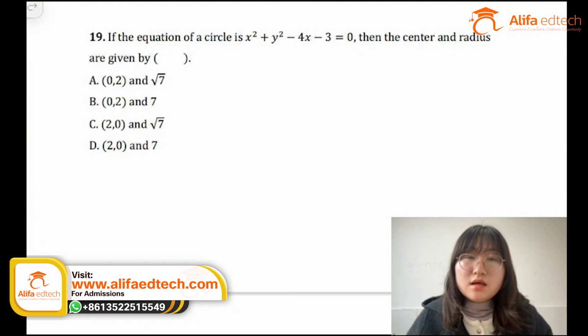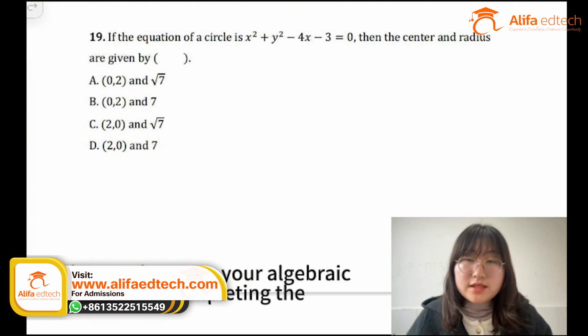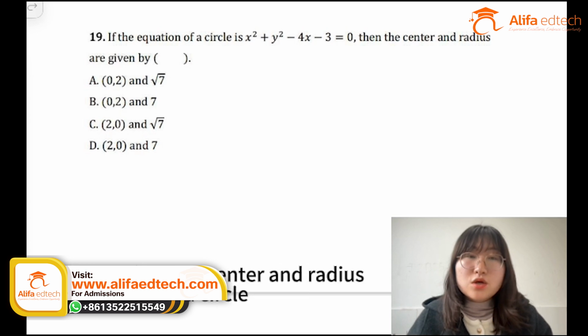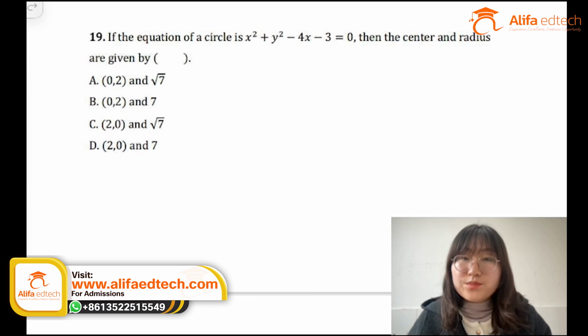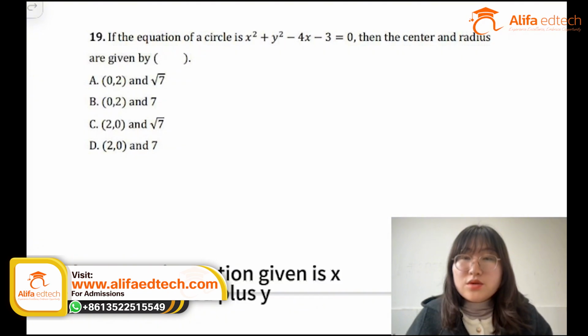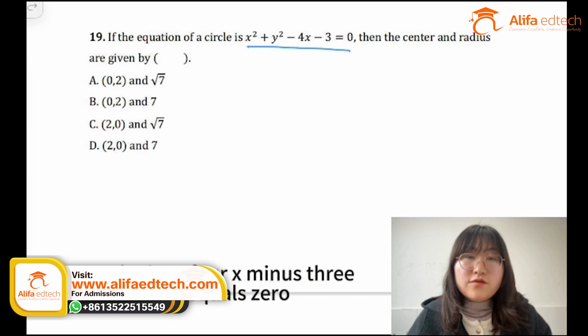Question 19. This question tests your algebraic skill in completing the square to find the center and the radius of a circle. The general equation given is x squared plus y squared minus 4x minus 3 equals 0.